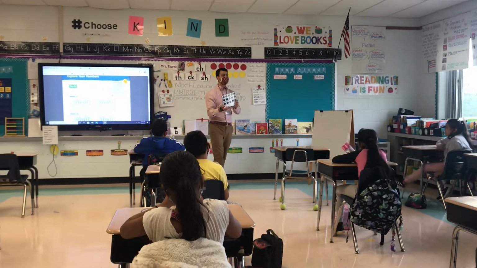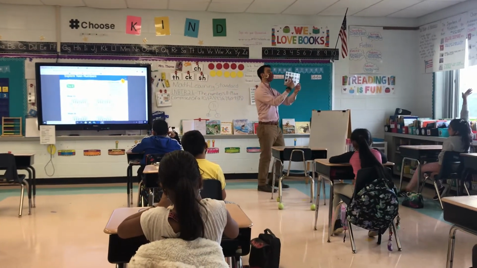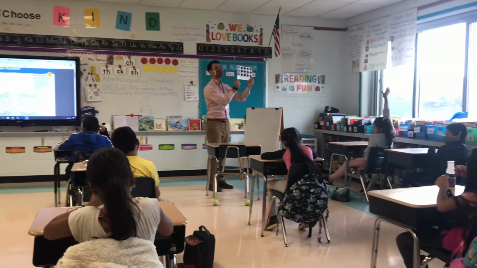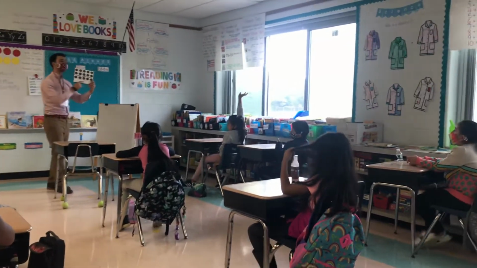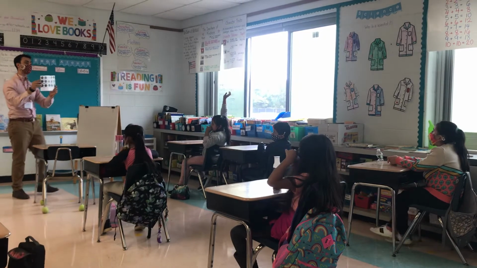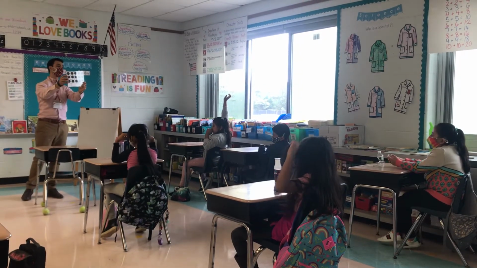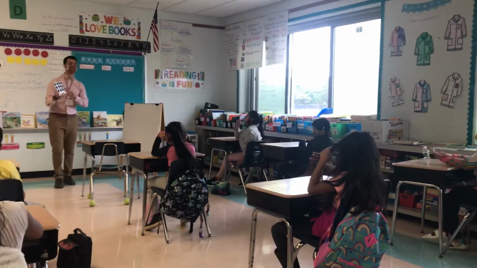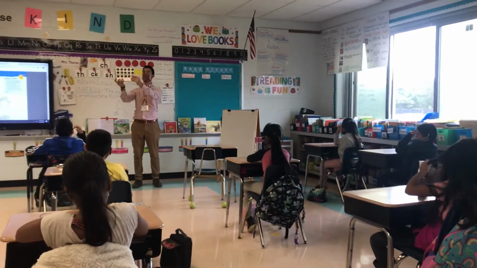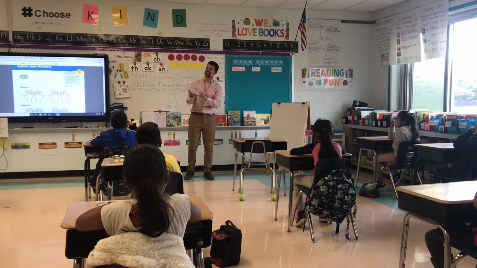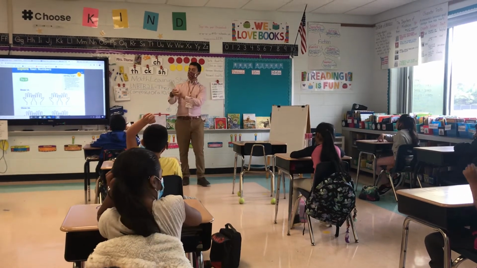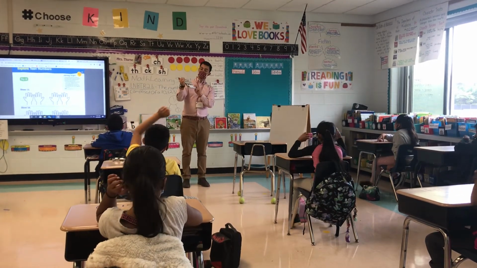Here we go. Sophia, ready? There are 10 dots up top. How many dots are on my bottom row? 5 dots. And if you add 10 plus a 5, what will you get? 15 is correct. 10 plus 5 make a 15. Alright, let's do one more. There are 10 dots up top.